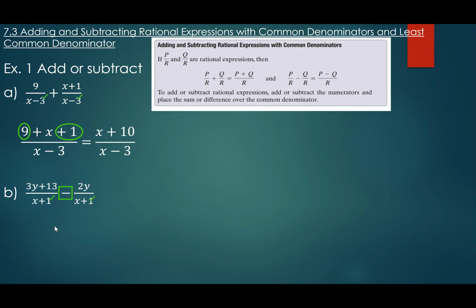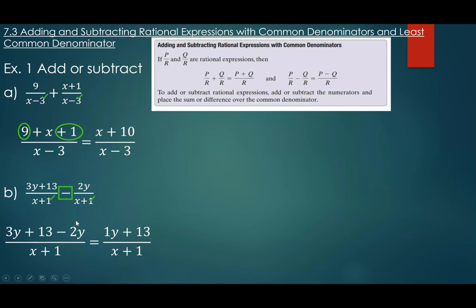And if they are the same, what do I do? All I need to do is combine the top: 3y plus 13 minus 2y. That's the numerator. I put the numerators together and insert the subtraction sign.